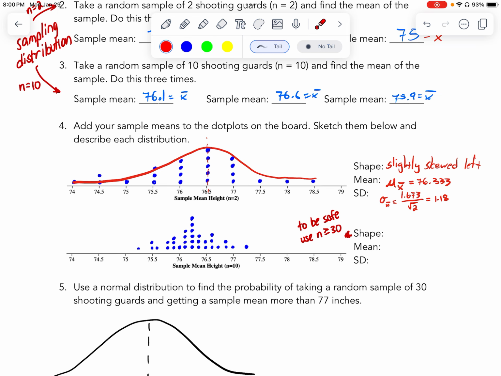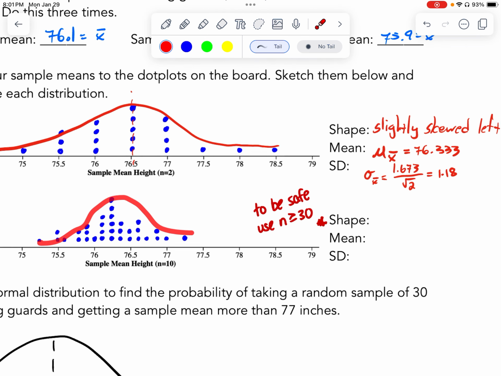So what do you notice about this distribution? Well, right off the get-go, I notice that it is more tightly grouped than the one above it. The dots are not as spread out, and I notice that it is even more normal. Okay, so the shape, I'm going to say now, actually looks to me to be approximately normal.